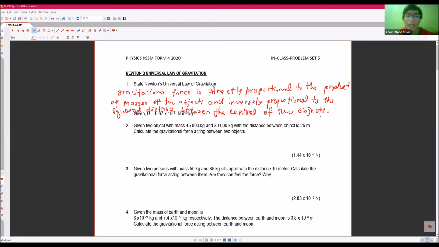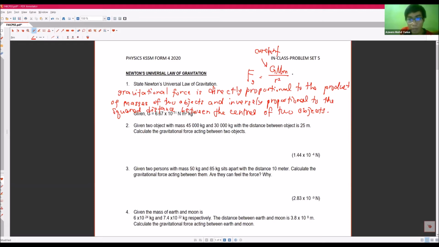Again, this is basically from the formula Fg equals G big M small m over r squared. G is a constant here. Whatever is above, we call directly proportional. Whatever is below is inversely proportional. We are left with big M times small m, both masses but of different objects, thus we can say it's a product, a multiplication.